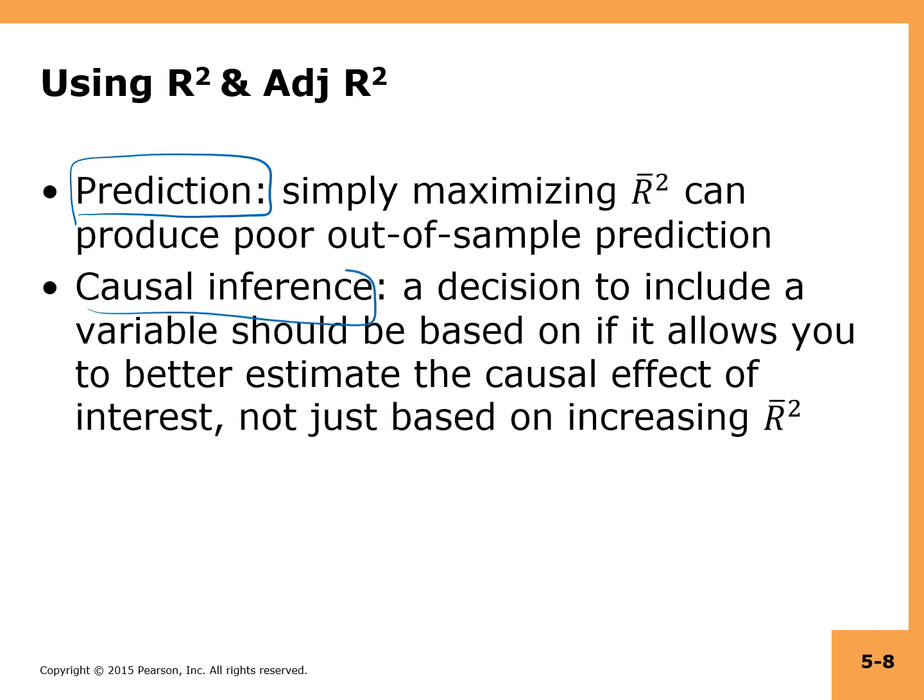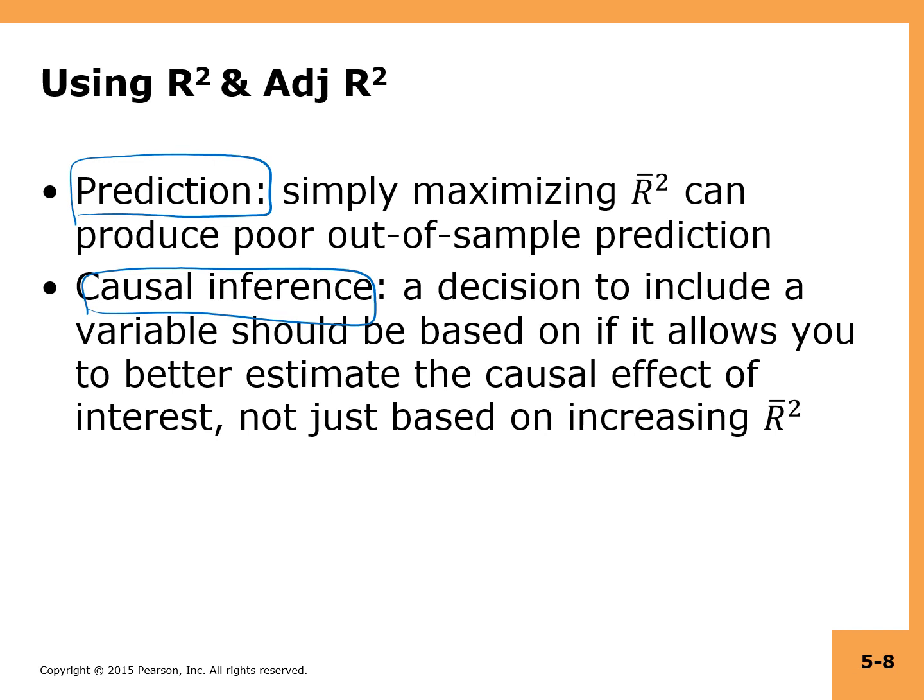When it comes to causal inference, and you're trying to measure if a variable X is affecting a dependent variable Y, your decision whether to include another regressor or not shouldn't be purely based on increasing adjusted R-square.